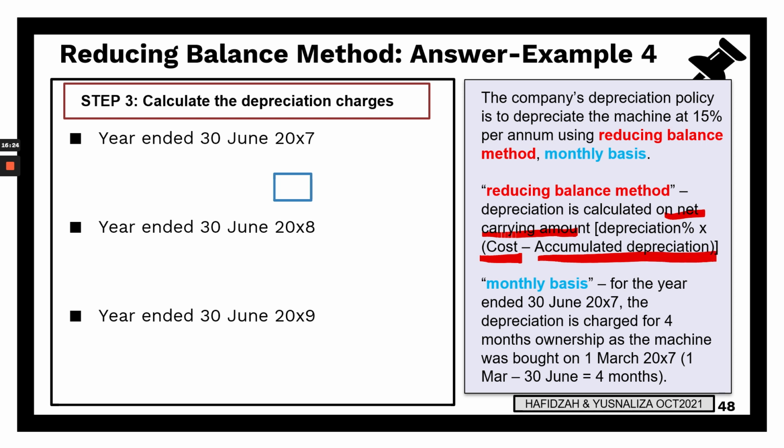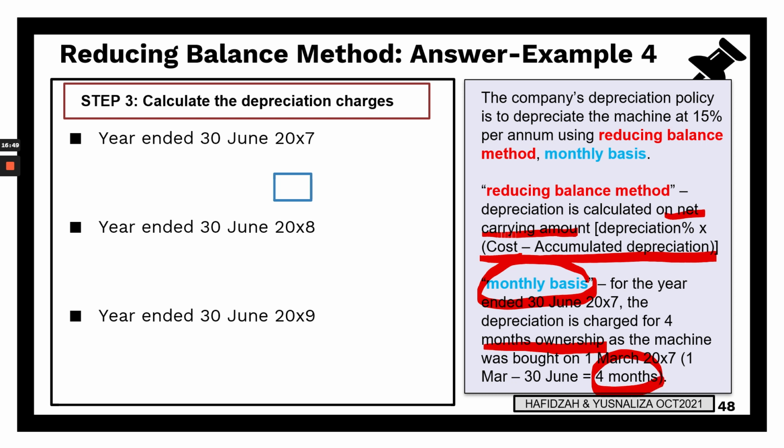Remember, in the first year it is still on cost. Only the subsequent year it will be based on the net carrying amount or the carrying value. So for the year ended 30th June 2007, it will be based on the 4 months ownership, month-to-month ownership, because this is monthly basis, and that was in the first year for 4 months.